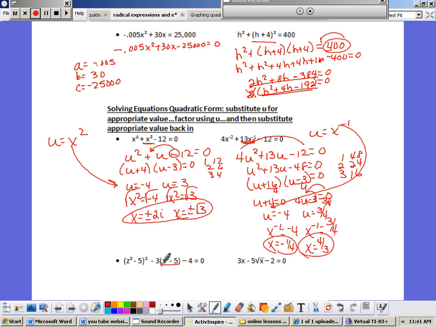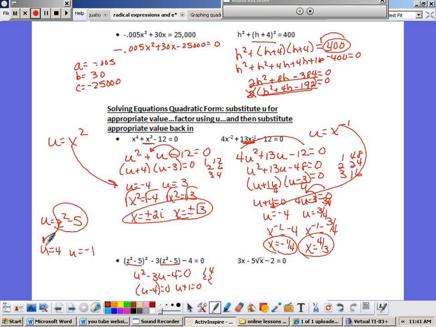Go to the center. I have to use u is z squared minus 5. So I can get rid of all of that because I don't want to deal with it. So this would become u squared minus 3u minus 4 equals 0. 1 and 4 are 2 and 2. u minus 4 equals 0. u plus 1 equals 0. So u is 4. u is negative 1.